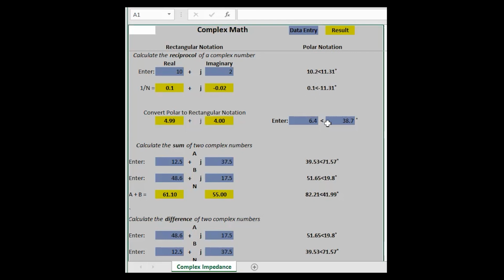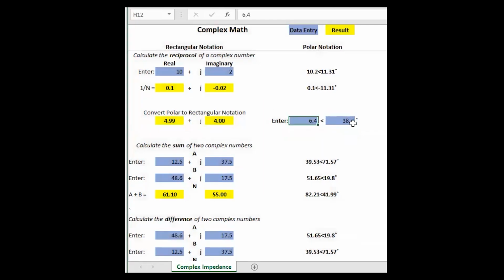If I want to convert from polar notation back to rectangular notation, that's where I'm at right here. Can you see my cursor? Okay. So if I've got a phasor that's 6.4 at 38.7 degrees, so I enter here and then here, then that automatically calculates for me over here on the left, 4.99 plus J 4.0.